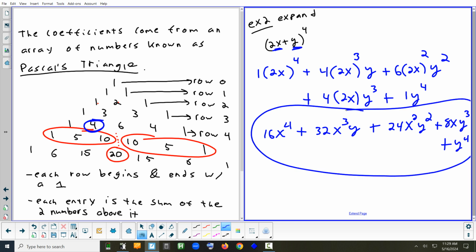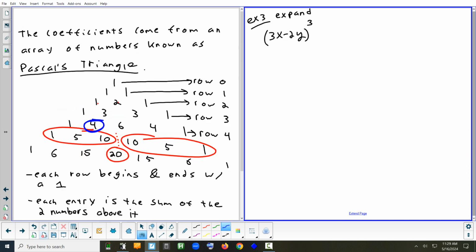Okay, so that one involved a little bit more because you had to actually do those product to powers out. Any questions on that? All right, once you get used to the pattern, for low numbers, like maybe up to 5 or 6, this goes pretty quick. Let's try 3x minus 2y.